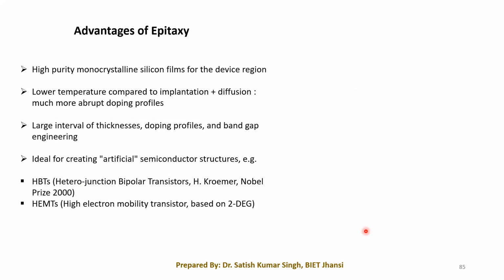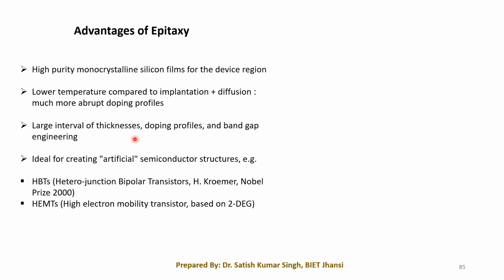Basically, as I said, we can make this monocrystalline layer, a silicon film of very high purity. We can control the thickness over a large interval, the doping profile, and the band gap. Everything we can control.